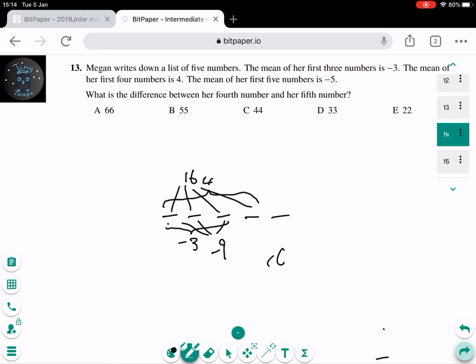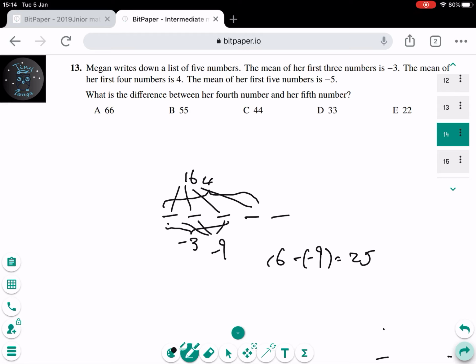So 16 minus -9, because 2 negatives make a positive, would be 25. So you put 25 in this spot.